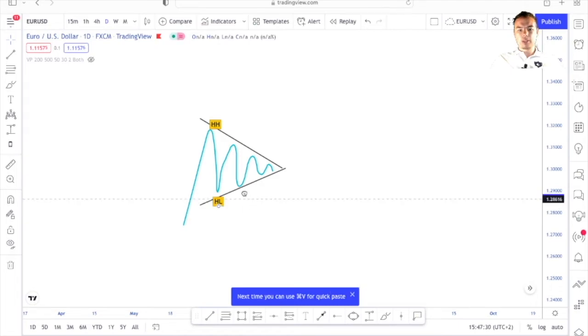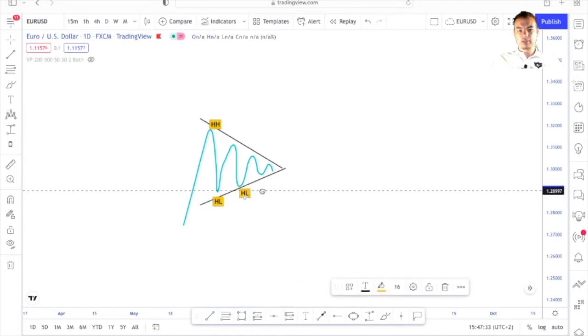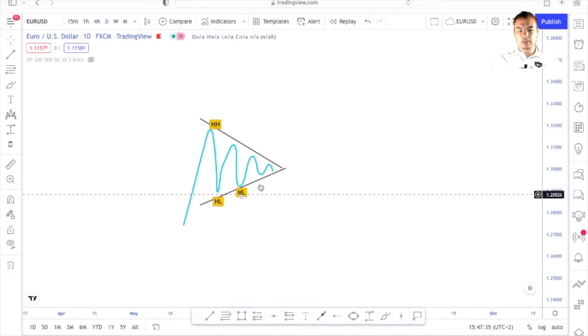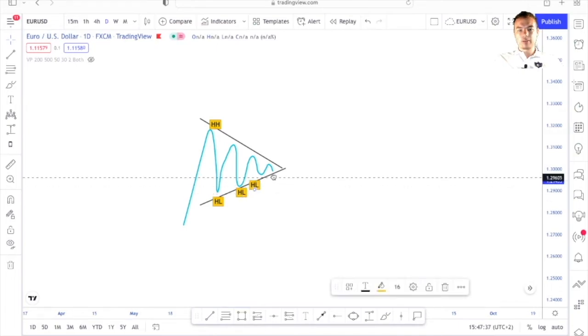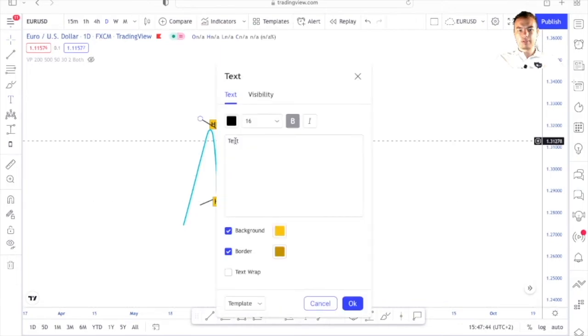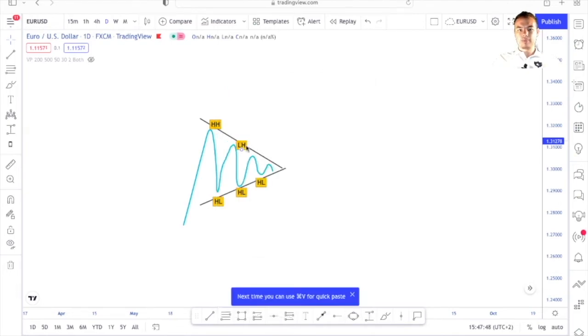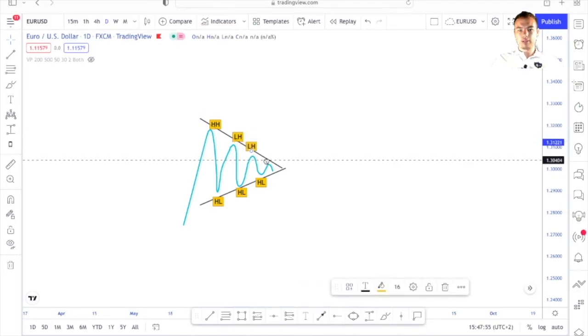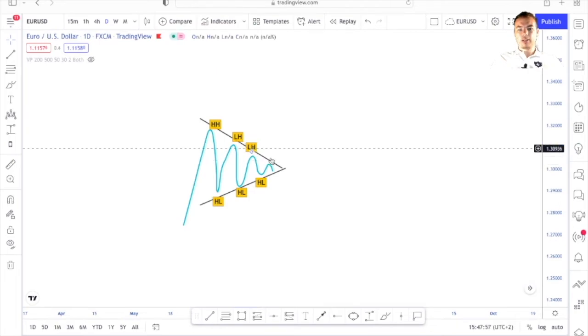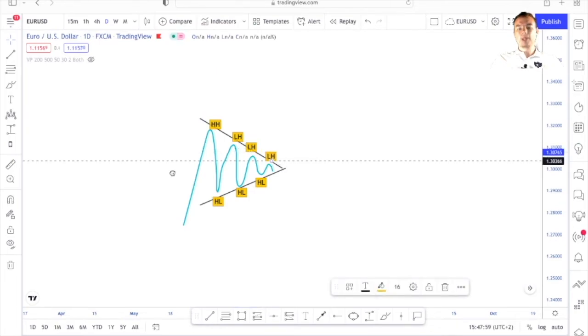So then this will be a higher low, higher low. Okay, lower high. Lower high. And then lower high, for example. Okay. So one of two things will then happen.